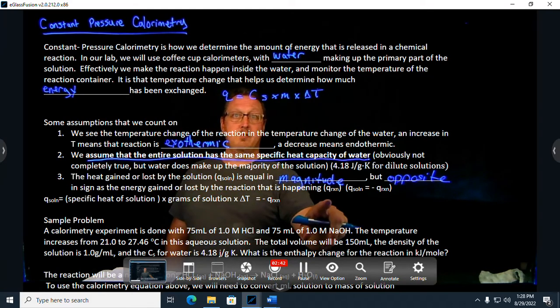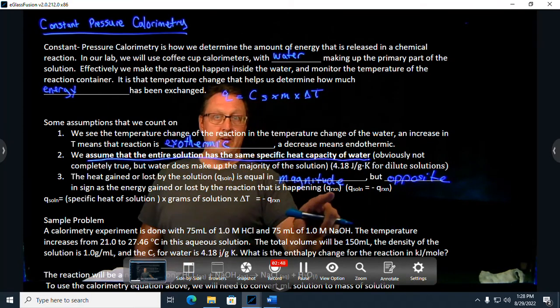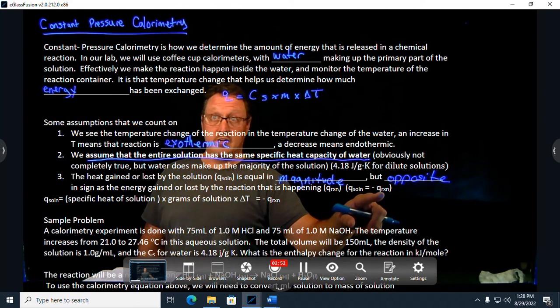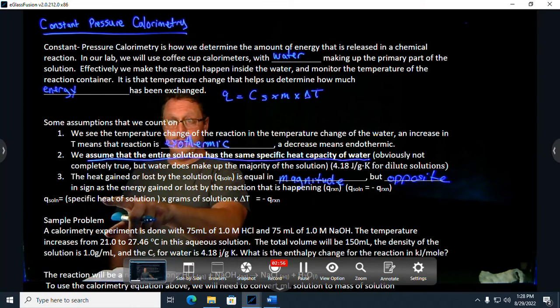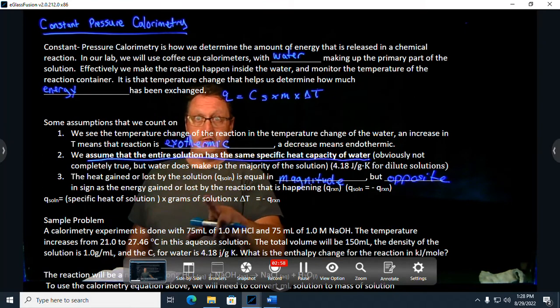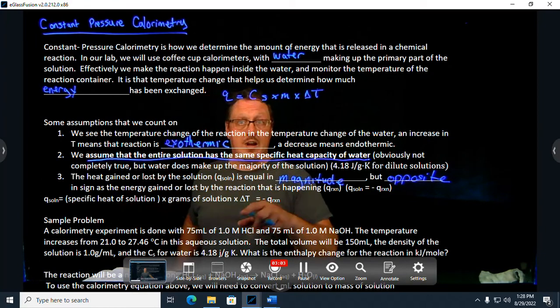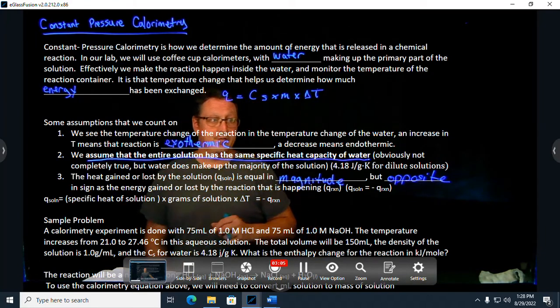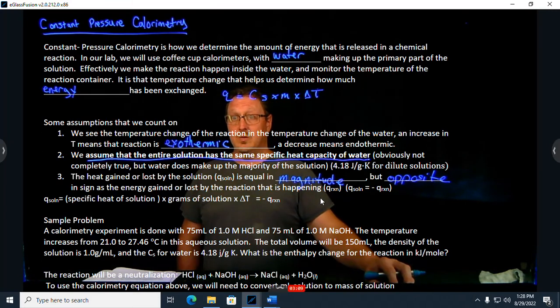So the Q of the solution equals negative Q of the reaction. Q of solution is specific heat of solution times the grams of solution times the change in T. Well, that's going to equal the negative heat of the reaction, and that's how we're going to work through that.